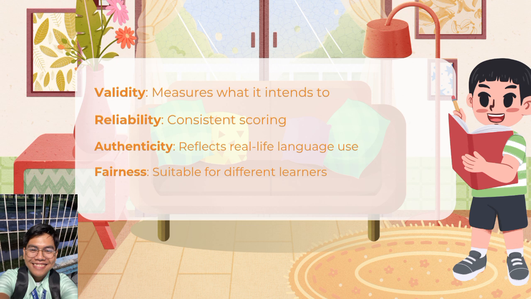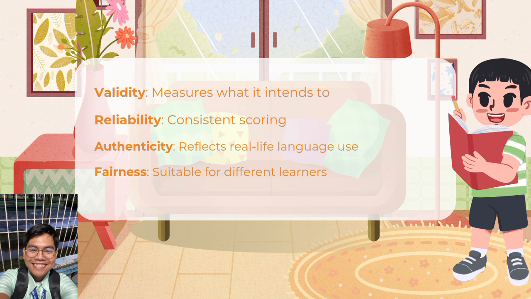As teachers, the rubric should be given accordingly. It should be given before the task. Third, authenticity, reflects real-life language use. And lastly, fairness, suitable for different learners.